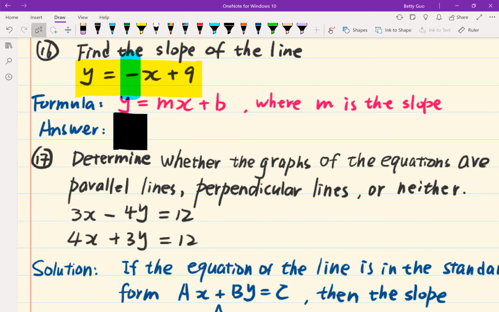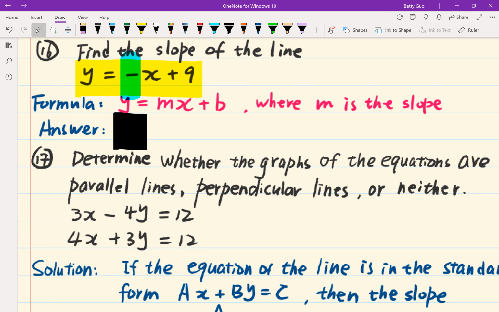We have 3 forms: standard form, slope-intercept form, point-slope form. What about this one? Yes, slope-intercept form. m is the slope, right? m is the coefficient of x on the right-hand side of the equation. Tell me, what's the coefficient of x on the right-hand side of the equation?